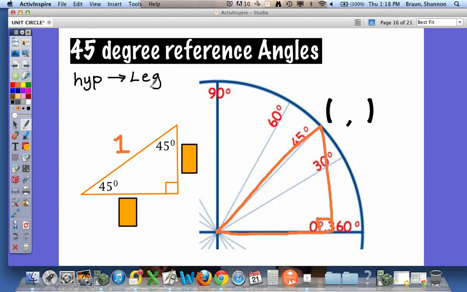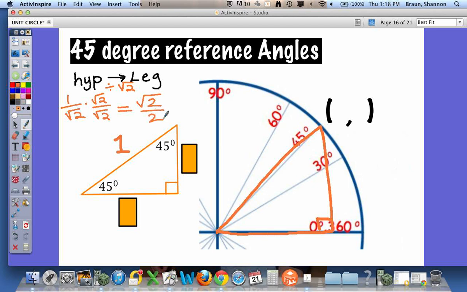What do I have to divide by? Divide by radical 2. So if I take 1 divided by radical 2, I can't leave it like that, because we don't ever leave a radical in the denominator. But what could I multiply to get rid of the radical in it? Radical 2 over radical 2. And so it would be radical 2 over 2.